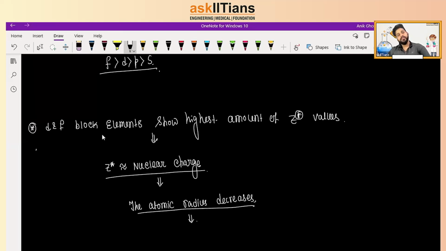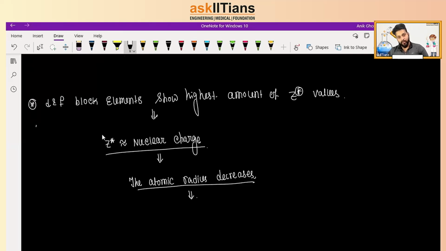Because the atomic radius decreases, we call it D and F contraction. This is called the D and F contraction. Okay, this is something we have learned in D and F block as well. Right. So this is the first thing, guys. What is the D and F contraction?